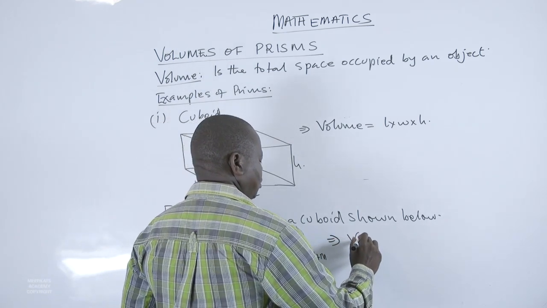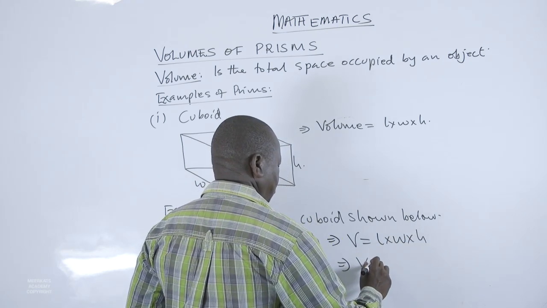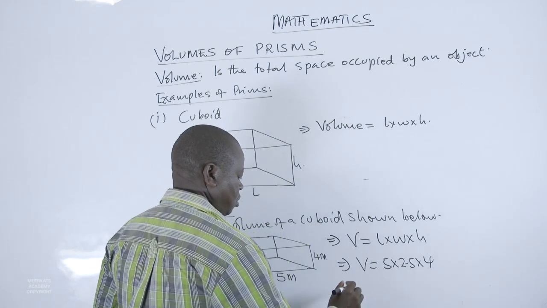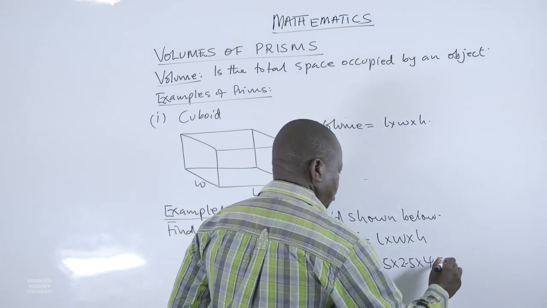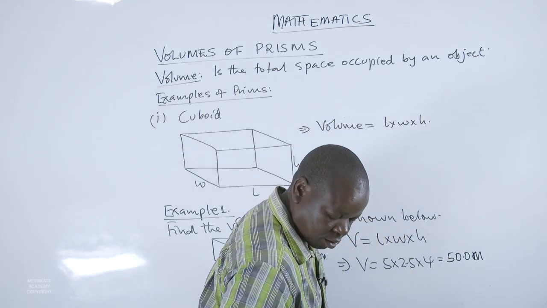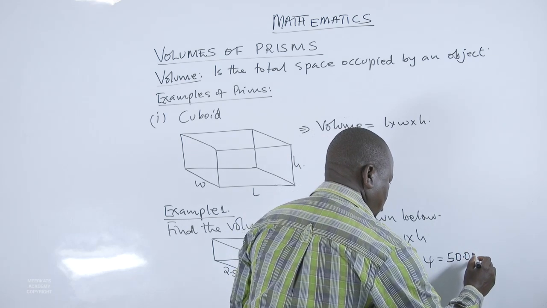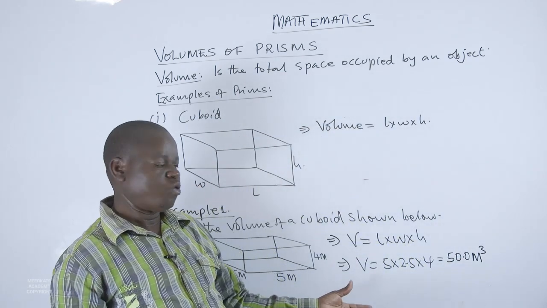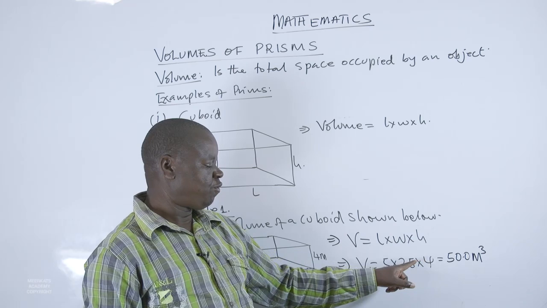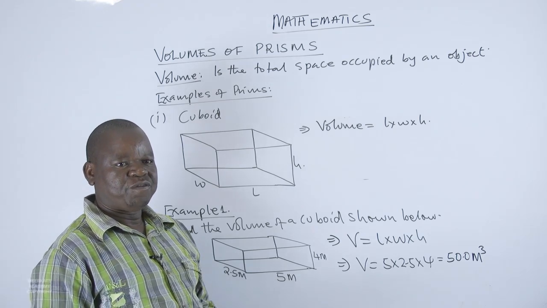So we get the volume of the cuboid as 50 meters cubed. 5 times 2.5 is 12.5, times 4 gives 50. Or: 2.5 times 4 is 10, and 10 times 5 is 50. So we get the volume as 50 meters cubed.